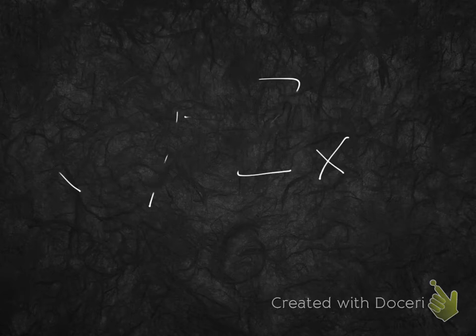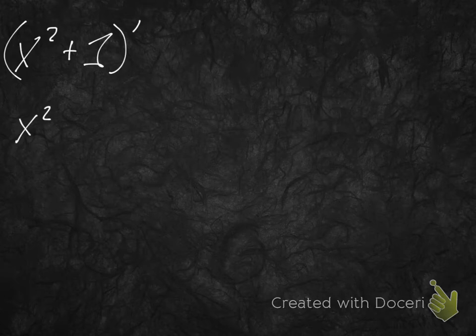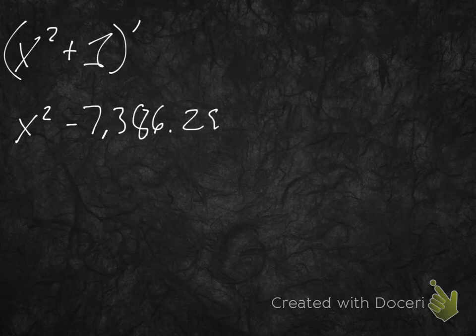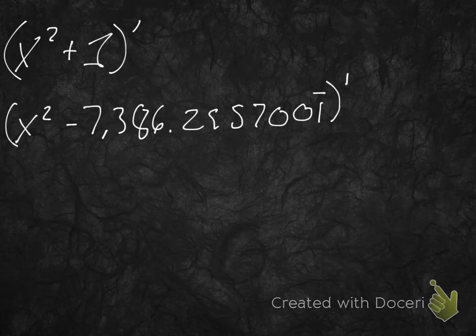But what if I say, okay, great, we know the derivative of x squared is 2x. What is the derivative of x squared plus 1 prime? Or x squared minus 7,386.2957001 repeating. What is this prime? Well, it's the sum rule here, and it's the difference rule here.